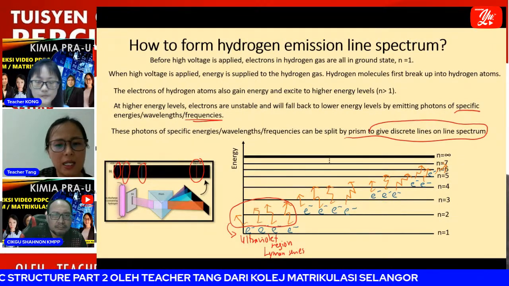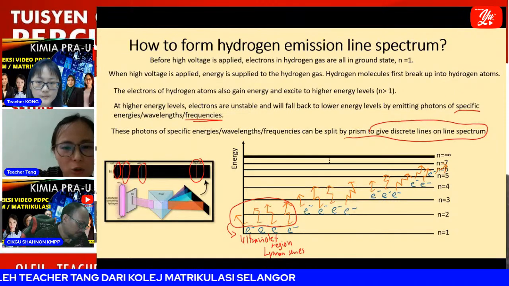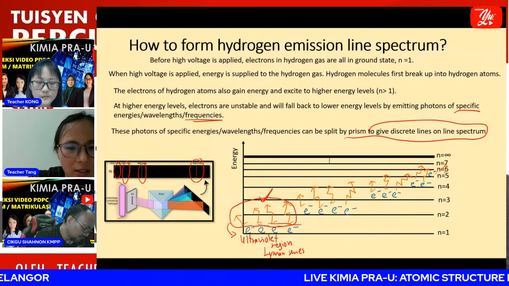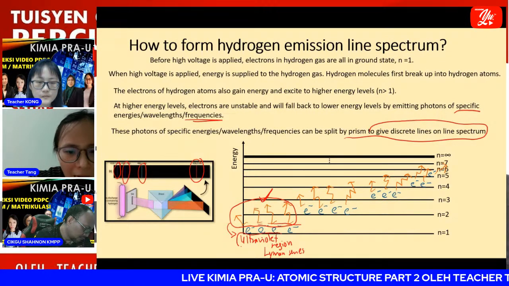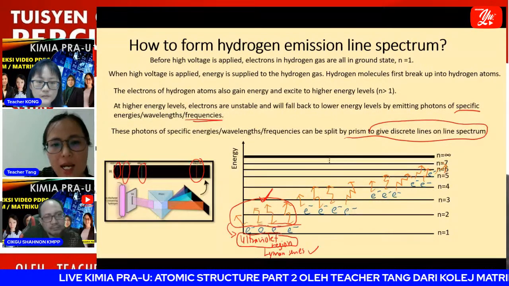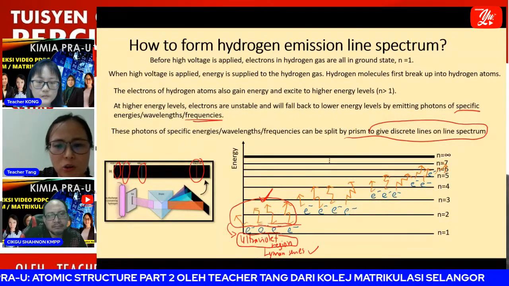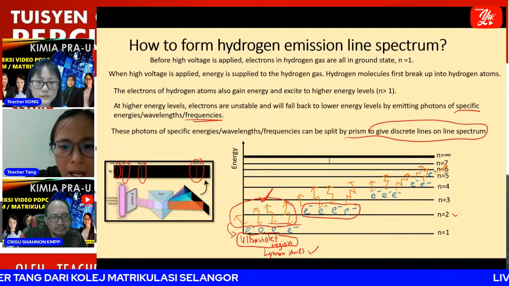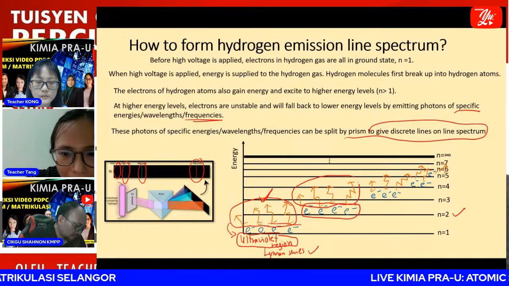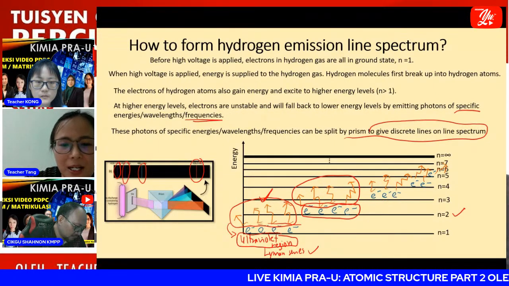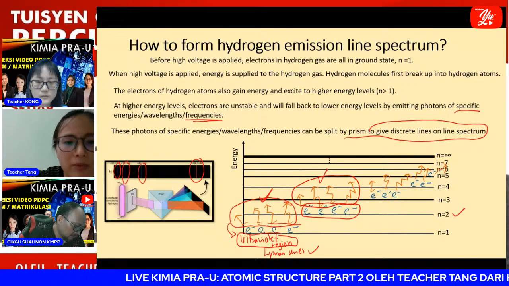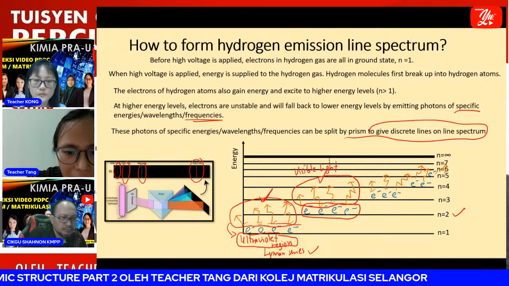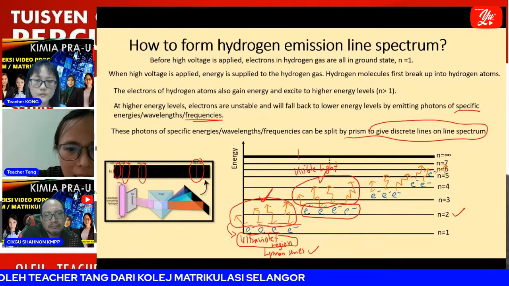If the electron from a higher energy level drops back to n equals 2, then the photon emitted will have energy in the visible light region, and that will give rise to the Balmer series.